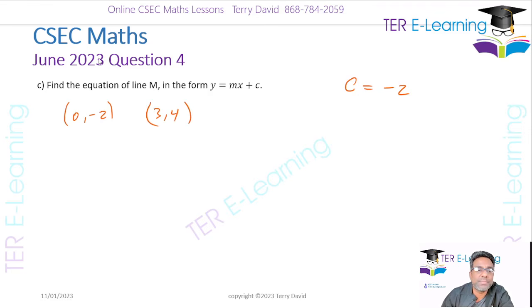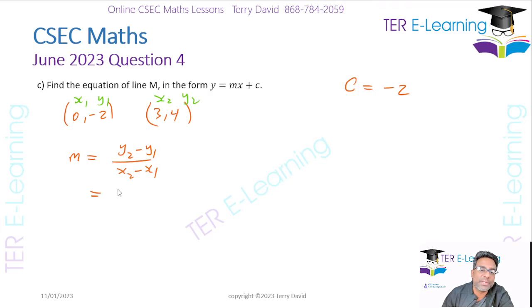So let's label this now. Let's call this x1, y1, and call this x2, y2. So your gradient m is equal to y2 minus y1 over x2 minus x1.